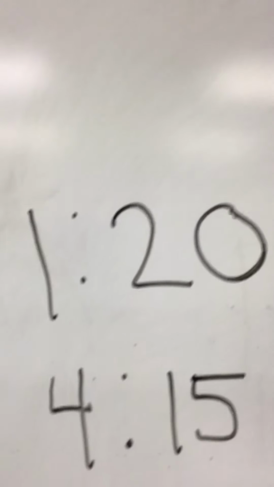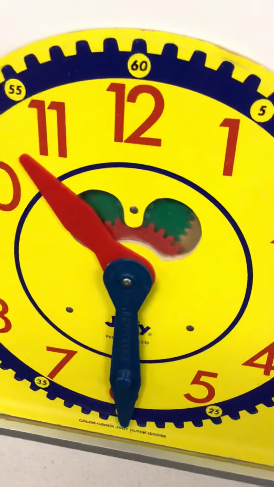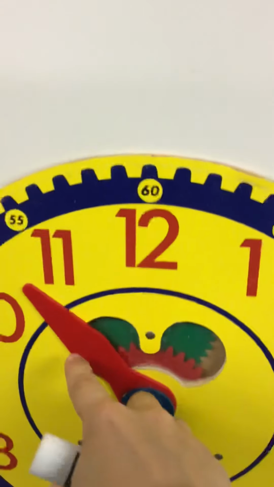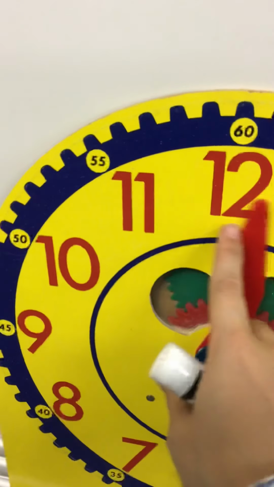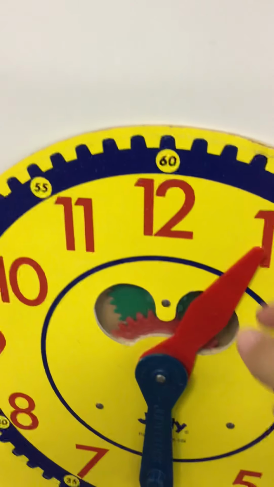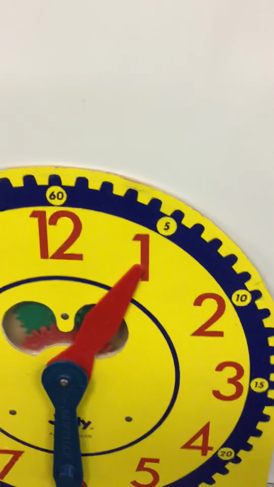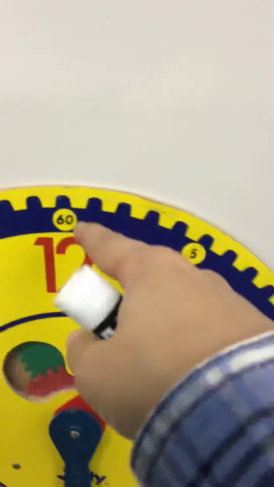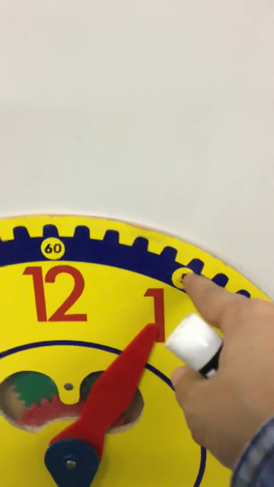Alright, so our first time we're going to show on the clock is 1:20. So I know we're showing 1, so our little hand is going to the 1. Now we're going to 20. So another way we could do it, we know the numbers, we count by 5s.